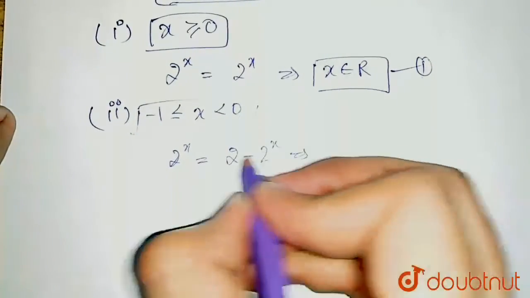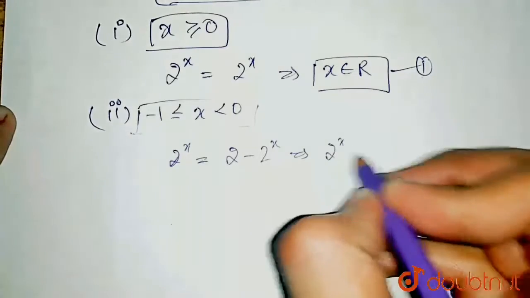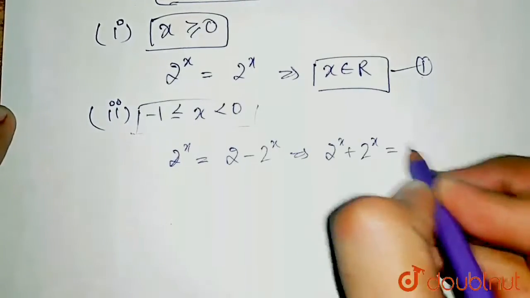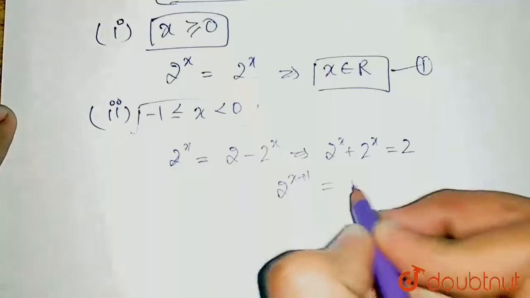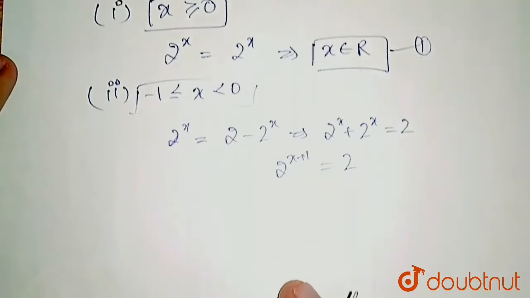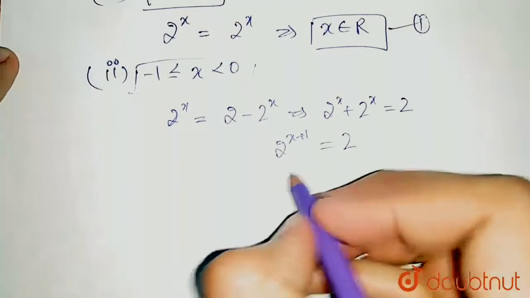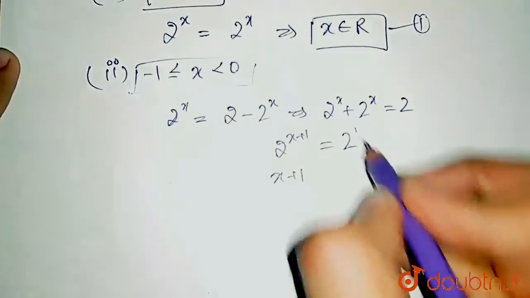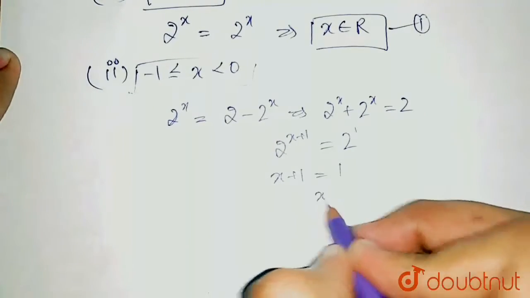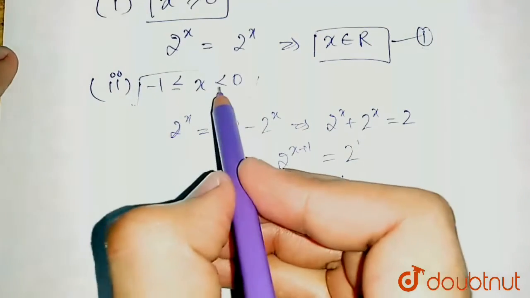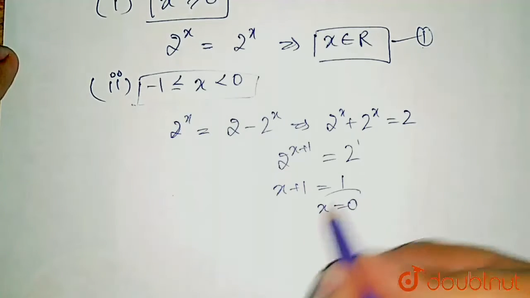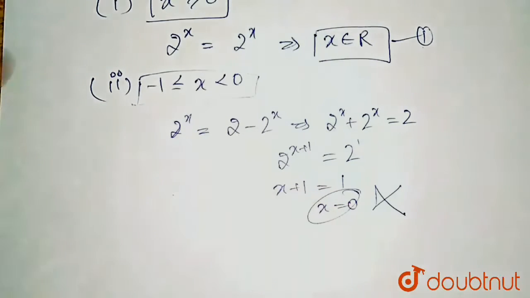So this implies if we add these, 2 raised to the power x plus 2 raised to the power x is equal to 2. So twice 2 raised to the power x is 2 raised to the power x+1 is equal to 2. So on comparing, x+1 is equal to 1, so x is equal to 0. But this case is for x less than 0, so x cannot be equal to 0. So there is no value in this case.